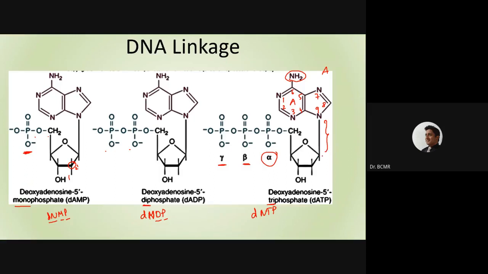And here you have the 1' carbon of deoxyribose. This is 2', 3', 4'. This will be 5'. And then you have alpha phosphate, beta phosphate, and gamma phosphate. Okay. Those are some of the things that you are supposed to learn and memorize.